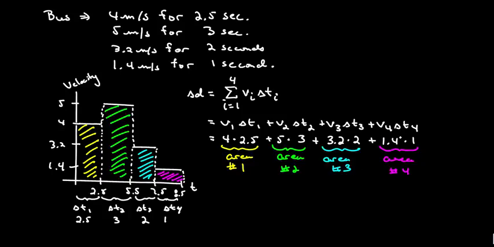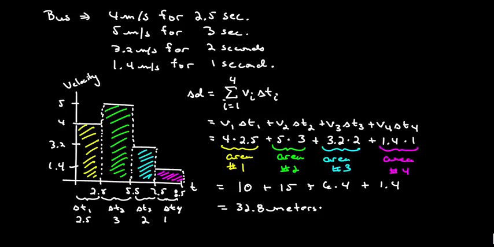So now we just compute those. Let me grab a calculator. 4 times 2.5 is 10. 5 times 3 is 15. 3.2 times 2 is 6.4, plus 1.4. If I add those together, I believe I get 32.8. Our dimension is in meters.